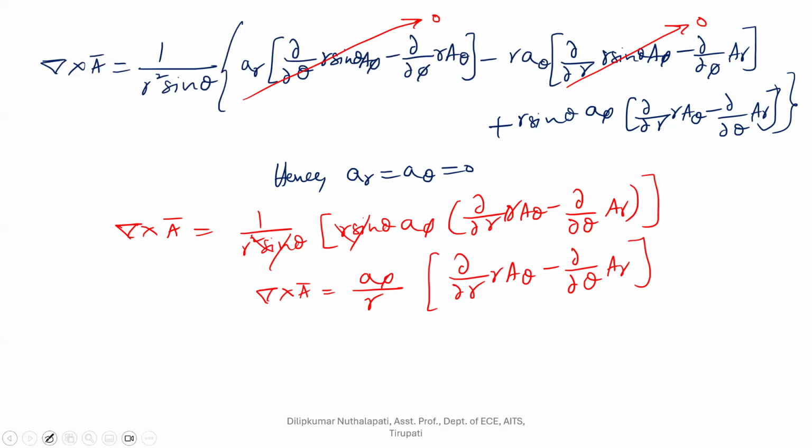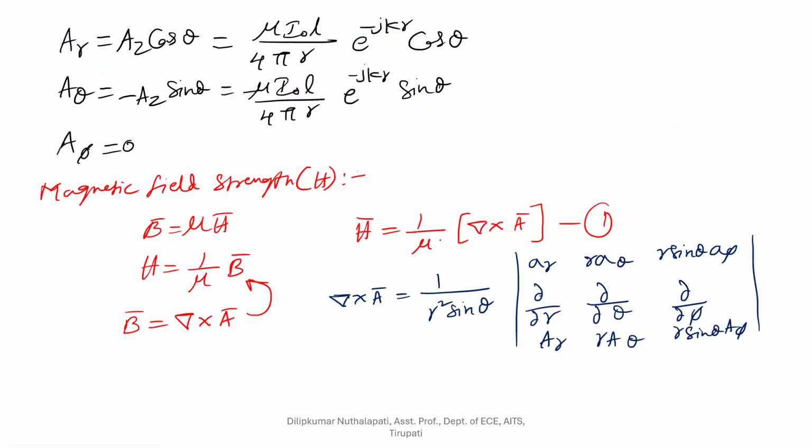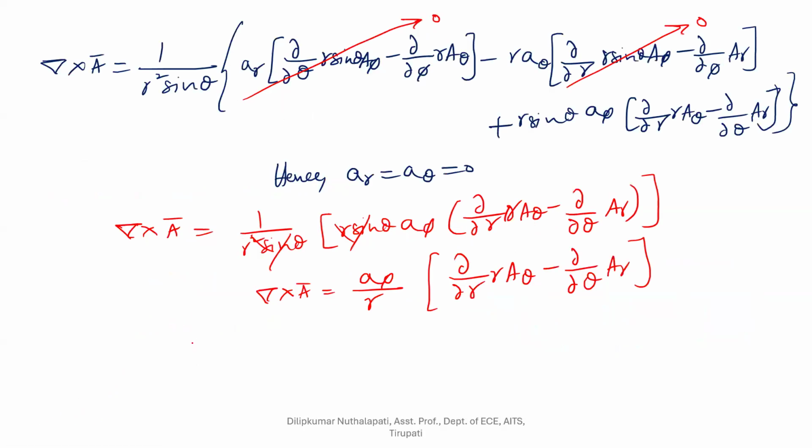So earlier we have written the magnetic field strength equation, H bar equal to 1 by mu del cross A bar. We are going to substitute the final equation of del cross A bar here in equation 1. Then we get that del cross A bar has only the phi component; there are no r component and theta component.